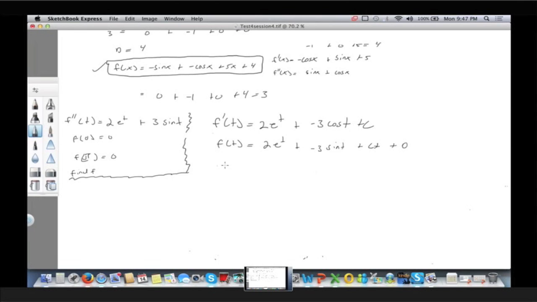Good. Good. So it's smarter to start with t equals 0. That's good. Mm-hmm.